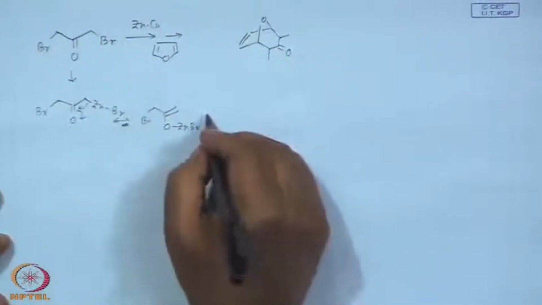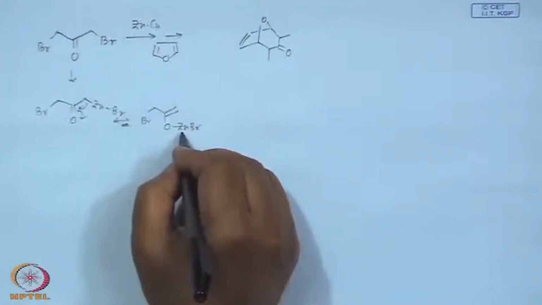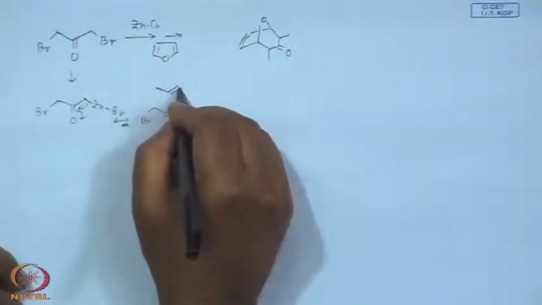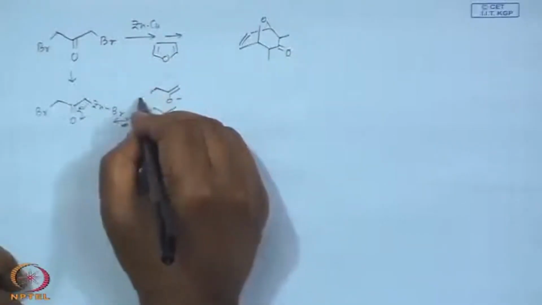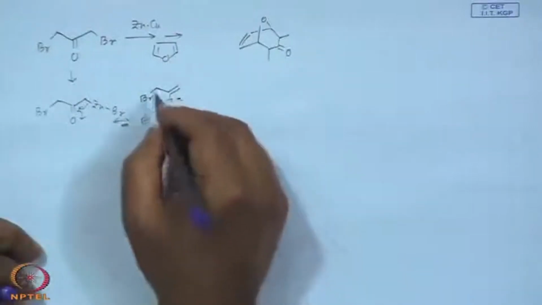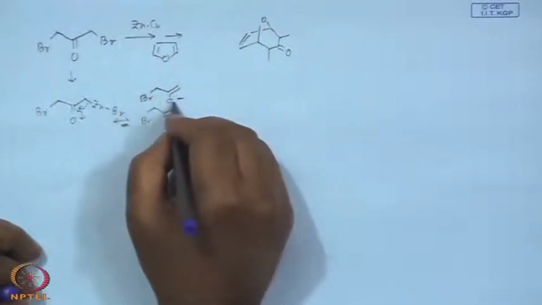Now, also all of us know that this oxygen zinc is basically an oxyanion. So, it is equivalent to an oxyanion here, and then you have a bromine which is equivalent to a leaving group. So, you can see now you have an oxyanion.